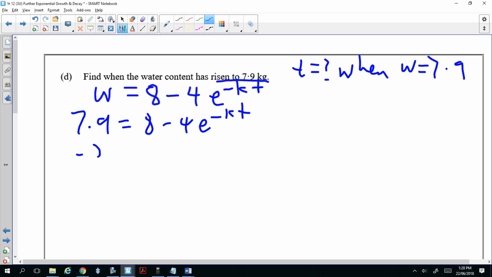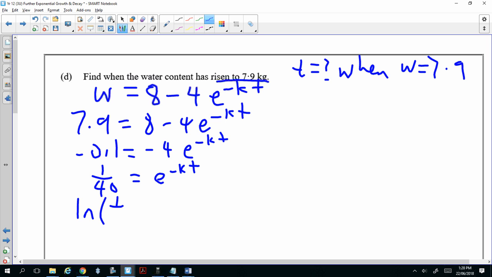And then you ln both sides. Like that. And then you can do t equal to ln (1 over 40) over negative k.